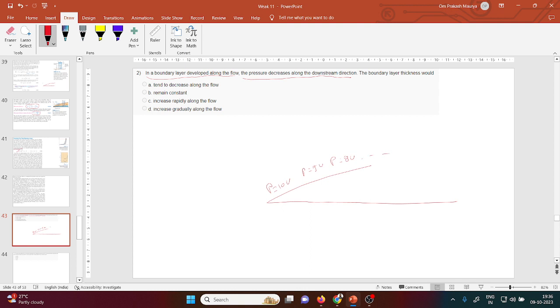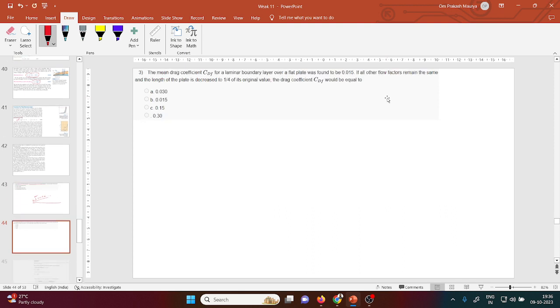Units means Newton per meter square. I have taken this mathematical term just for your visualization. The boundary layer thickness will increase gradually, or decrease? Increase gradually, sir. Yes, if the pressure is reducing, then it will definitely increase gradually along the flow.